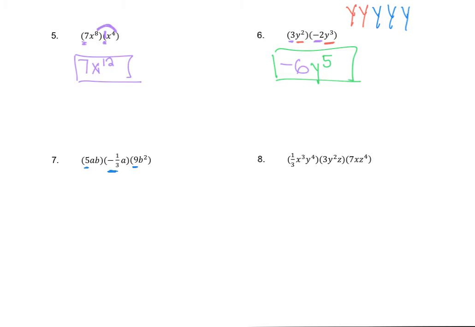And I'm going to use it with the negative 1/3 and the 9. Now, why I'm going to use it with those is because I know right away that those are my multiples. That 5 is kind of my odd man out. So I can kind of come down here and see that the negative 1/3, the 9, and then the 5, okay?